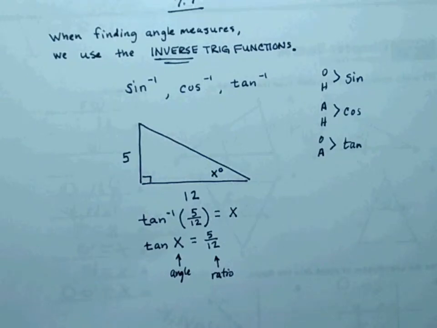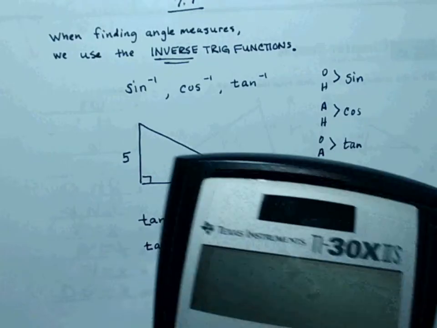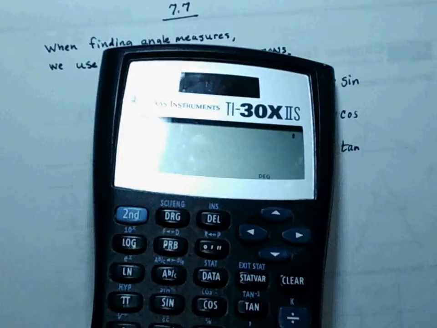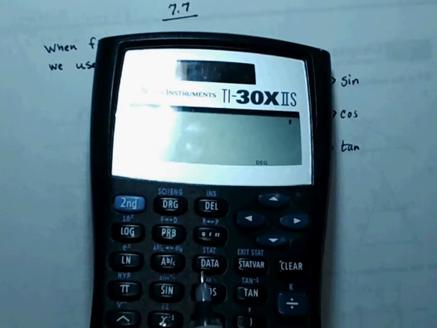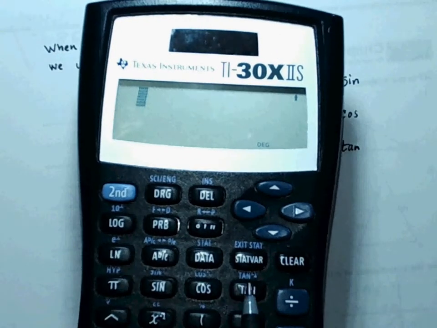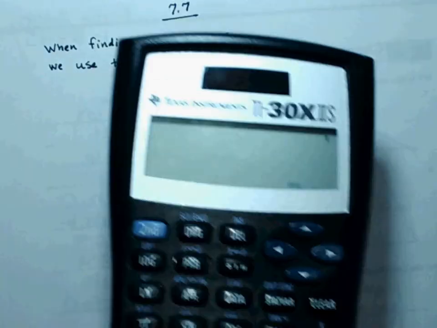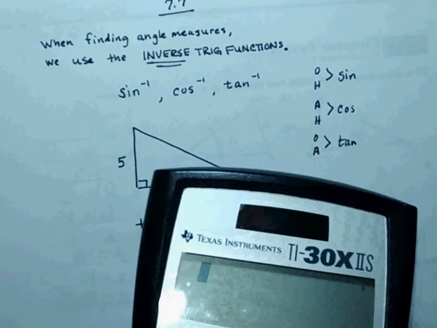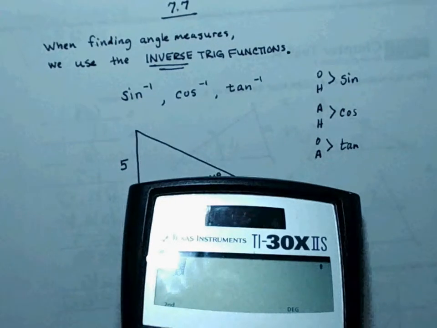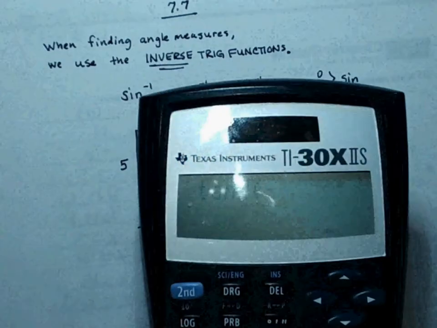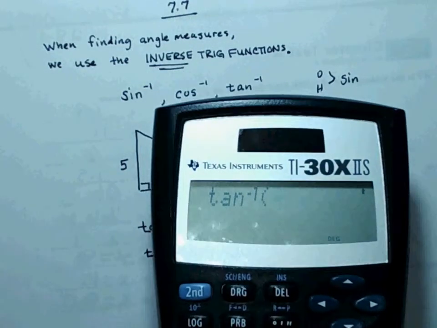So now we're going to say the inverse tangent of 5 over 12 is going to equal x. In my calculator, if I look right above the tangent, cosine and sine buttons, in different colors, they have the inverse functions. So to get inverse tangent, I'm going to press the second button, and then tangent, and we'll see that it comes up inverse tangent.